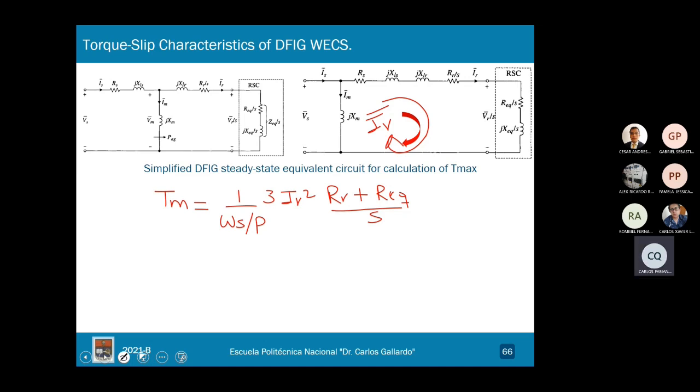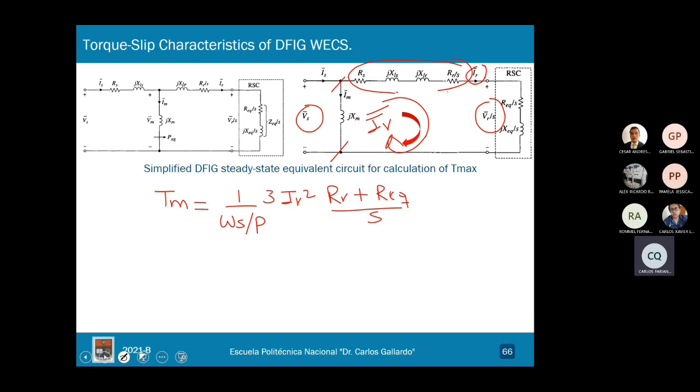So applying Kirchhoff voltage law, this voltage in this branch plus the voltage drop across this equivalent impedance times the current is equal to 0.